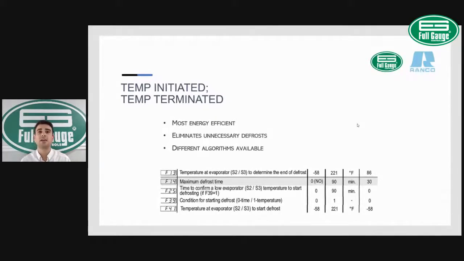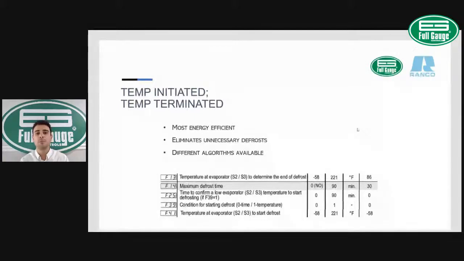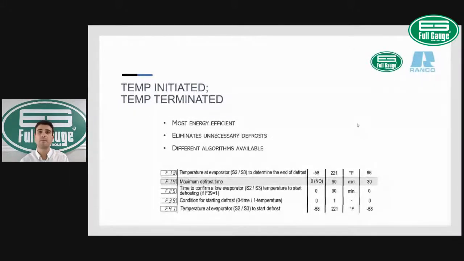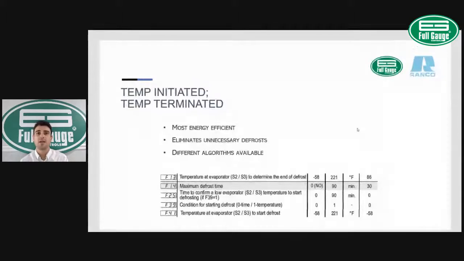And when there is an increase in the temperature difference, it means that the system is losing efficiency, therefore a defrost cycle is required. So what I mean is there are different algorithms that serve the same purpose and deliver the same benefit. As far as Full Gauge, we do have different ways of performing the same objective.